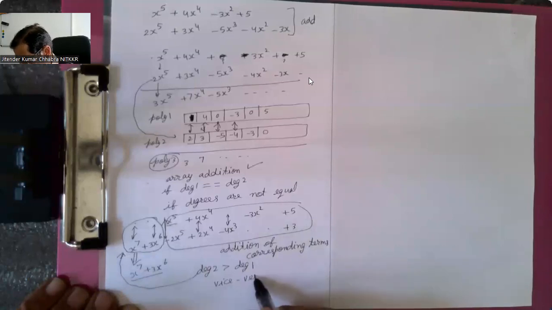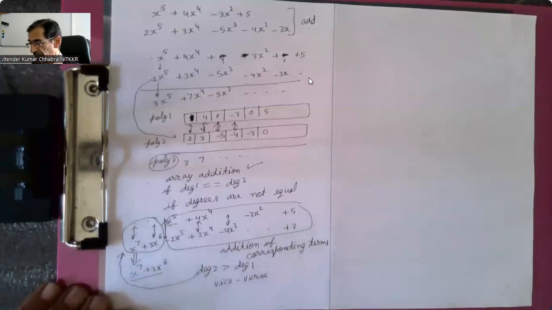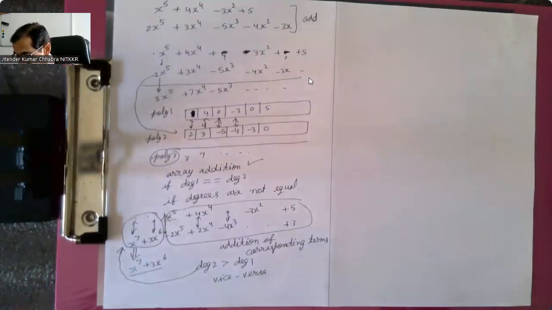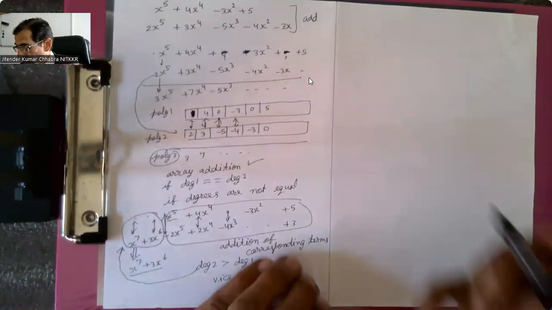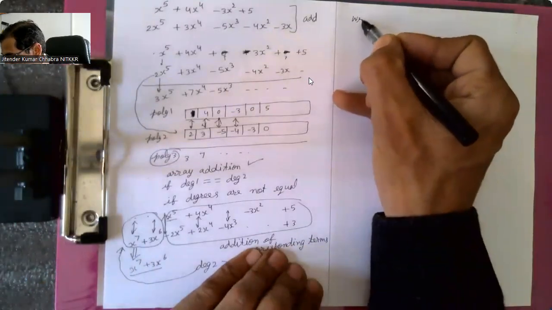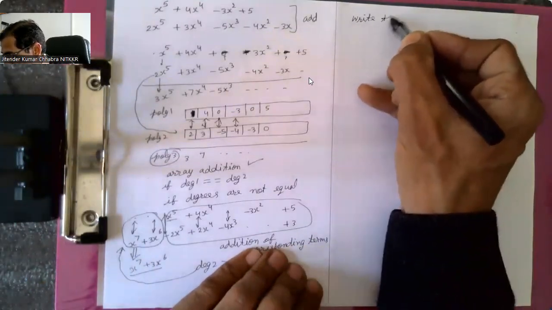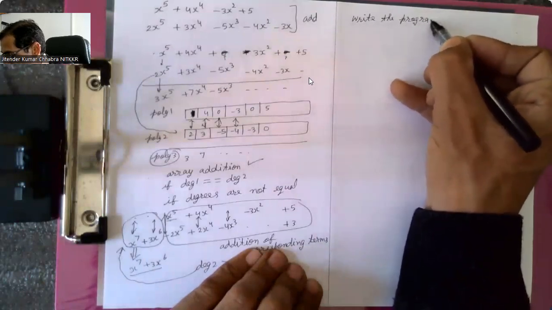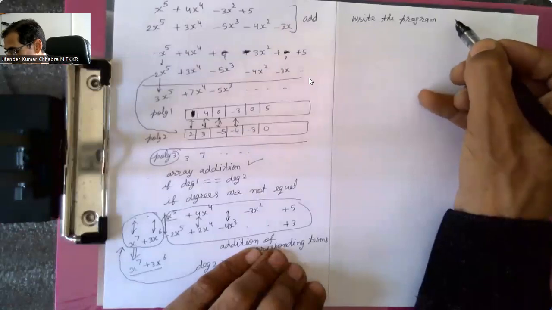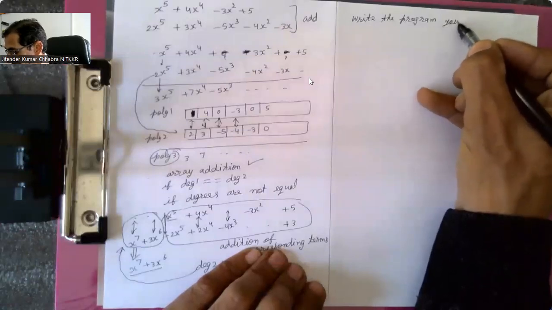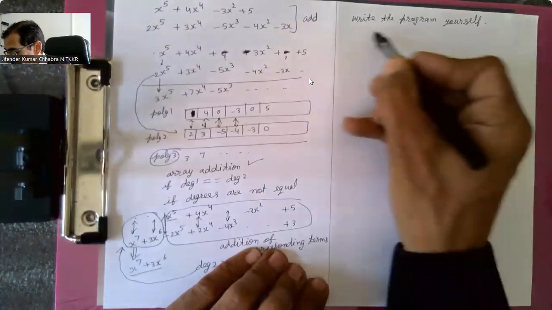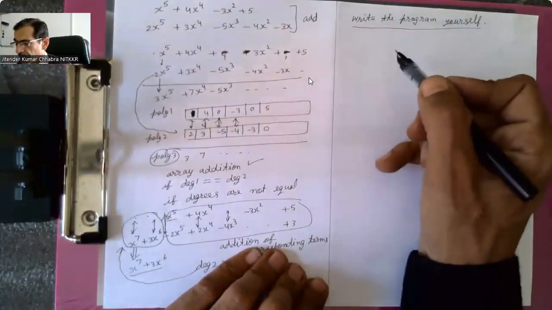If degree 1 is greater than degree 2, the similar terms will be copied. So knowing this, effectively, I should be able to write the code. So you should be able to write the program for this polynomial addition now using this logic. I will ask all of you to try and write a program for doing this work.